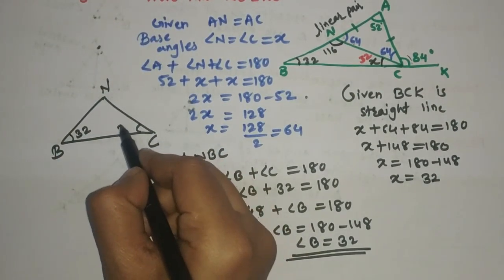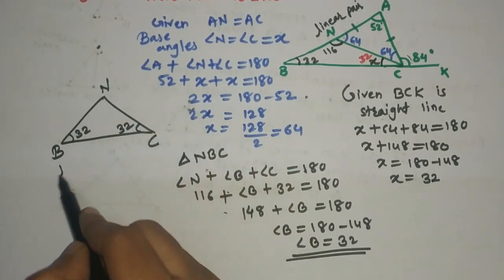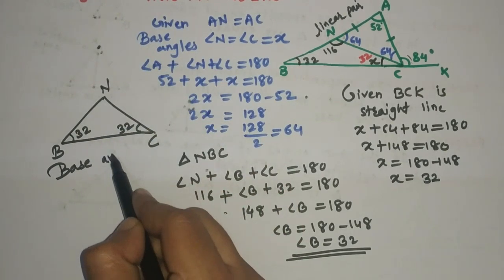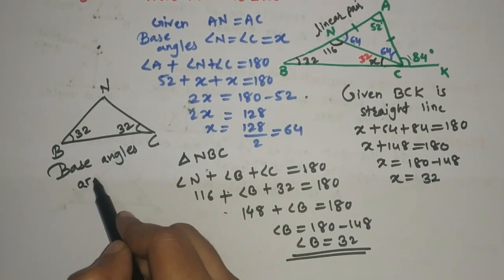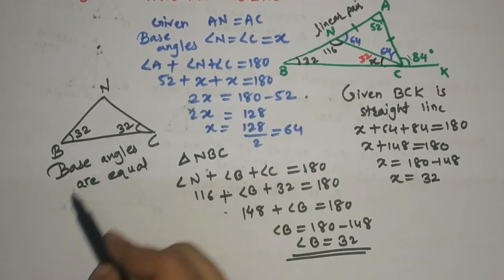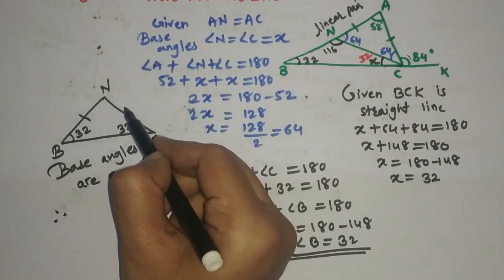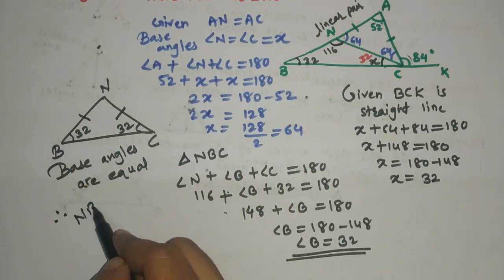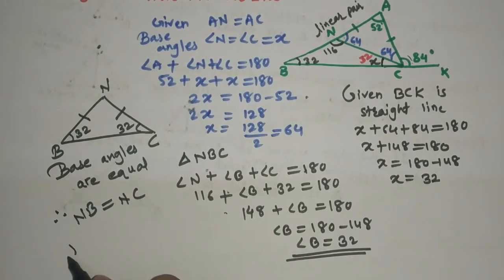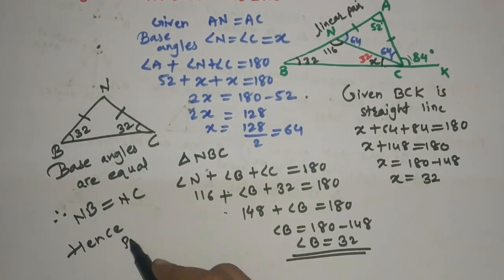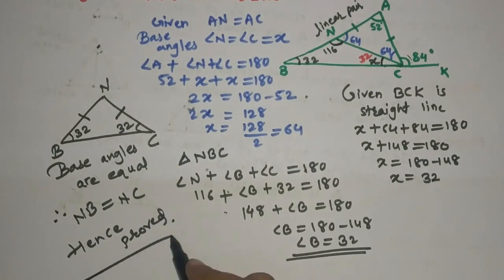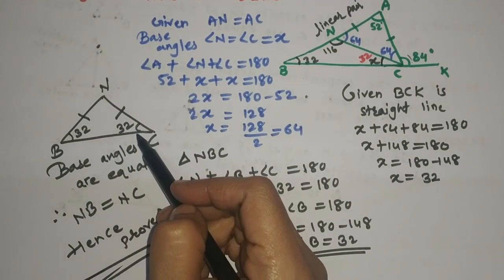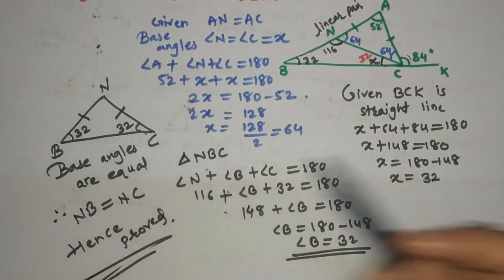This angle we also got 32. So base angles are equal here. Therefore, you can say the sides opposite are also equal. Therefore, NB is equal to NC. Hence proved. So in this way we have proved it. Once the base angles become equal, the sides opposite to them also become equal.